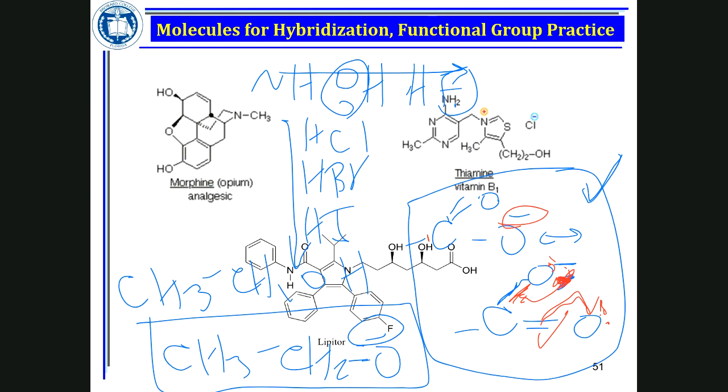The only way you can move them around is if you have a pair of unshared electrons somewhere, like if nitrogen has a pair of unshared electrons and there is a negative charge here or positive charge here, then you can move this to make the CC double bond.